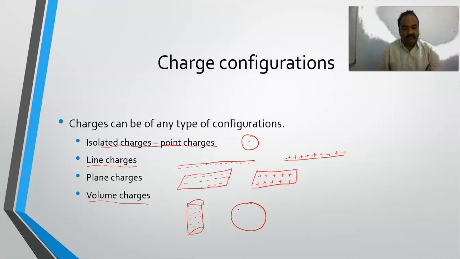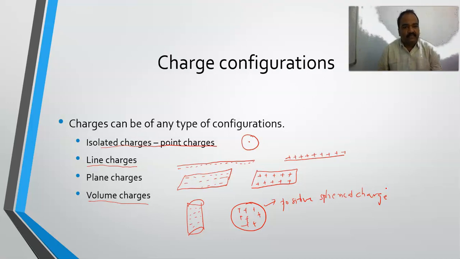Now, this is just like a ball which is full of positive charge. So, I will take this one as a positive spherical charge. So, these are the different types of charge configurations which we can have.